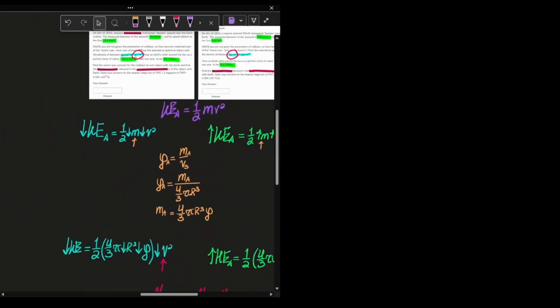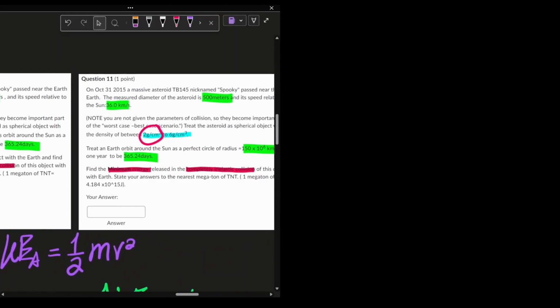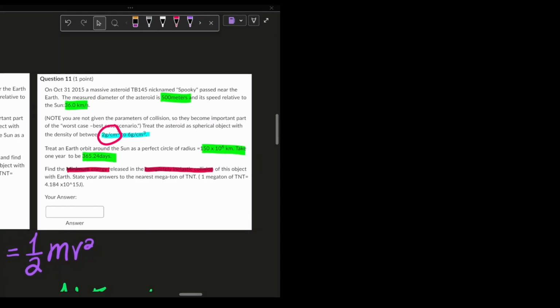So we chose the minimum or smallest density, 2 grams per centimeter cubed, 500 meters over 2 cubed, which would be meters cubed, kilometers per second multiplied by 1,000. Once we multiply this, 2 pi r.